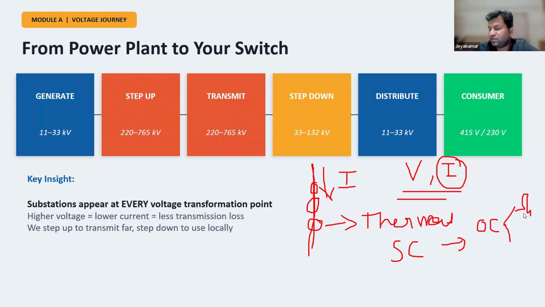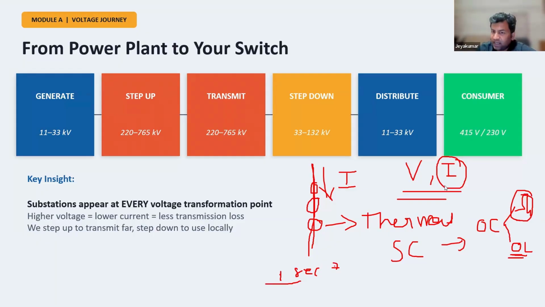The second is overcurrent via overload, and this overload current will be less than the short circuit current. Short circuit happens very fast, maybe for 1 second or slightly higher. But overload current may be there for a long time, and then your relay should be able to detect and trip it.